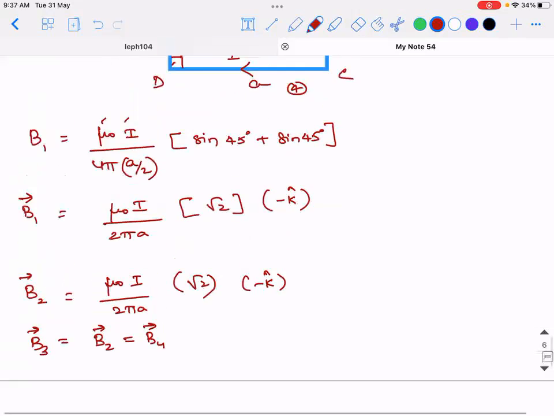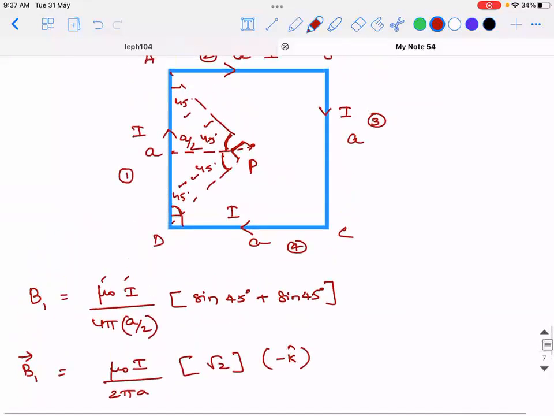Why I told is because many people think that since the current in the opposite conductors is in the opposite direction, the direction of magnetic field will also change. But unfortunately, it will not change, because the magnetic field that you're trying to find is always perpendicular to the direction of current.